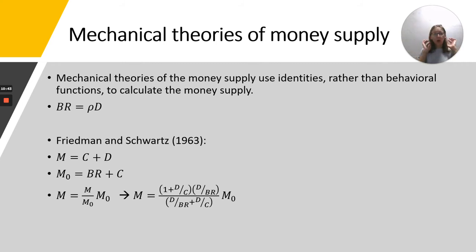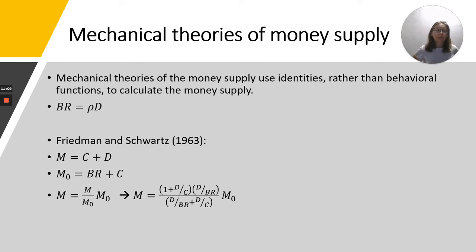So now we know what a commercial bank is. How does it behave? We know the demand for money, which comes from the public. And so how could we know how much money the central bank should set? There are two types of money supply theories, or ways we can look at or determine the money supply function.